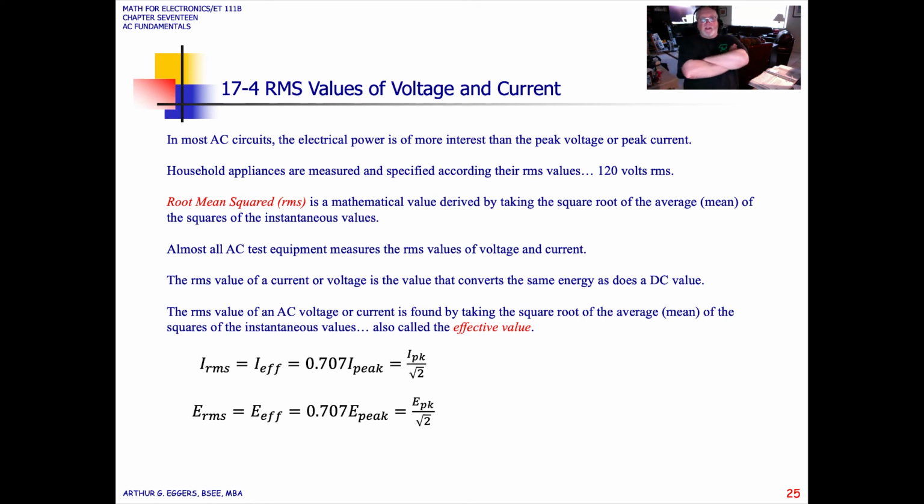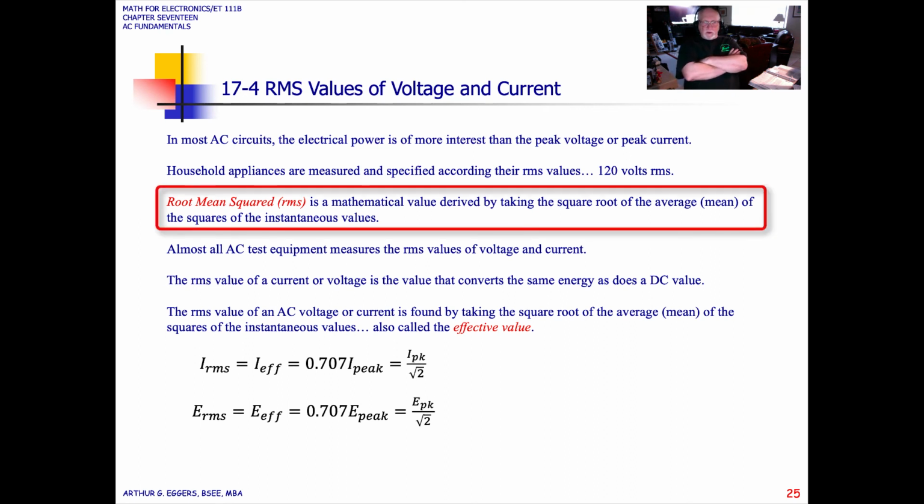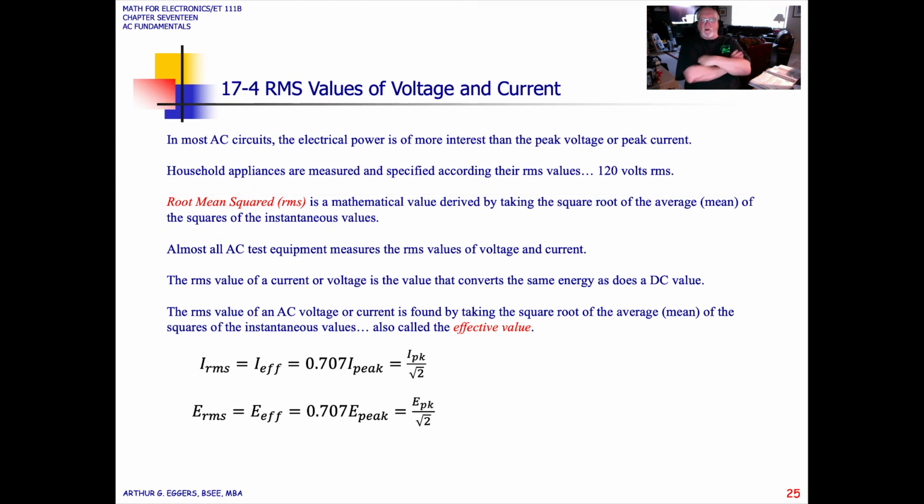In electronics, there are numerous ways that you can measure voltage and current. A lot of what we've been doing so far is using the peak values. The bad part about this is most of the equipment that we use to do measurements in our labs in electronics do not use the peak value. Primarily, the only piece of equipment that uses a peak value or a peak-to-peak value is an oscilloscope.